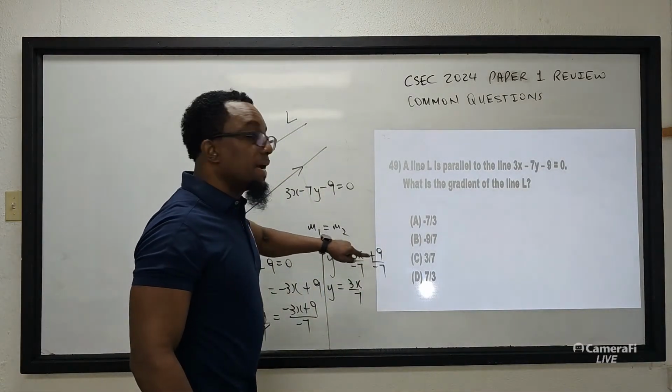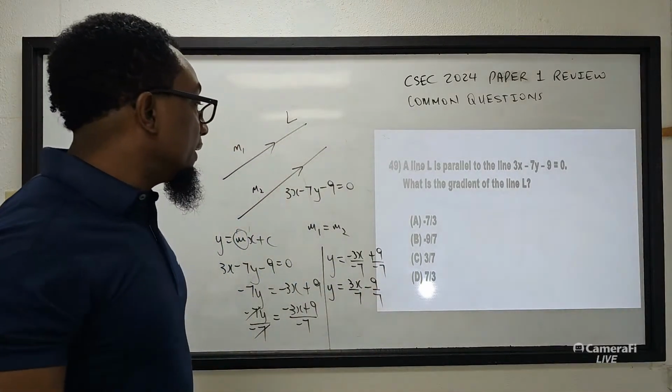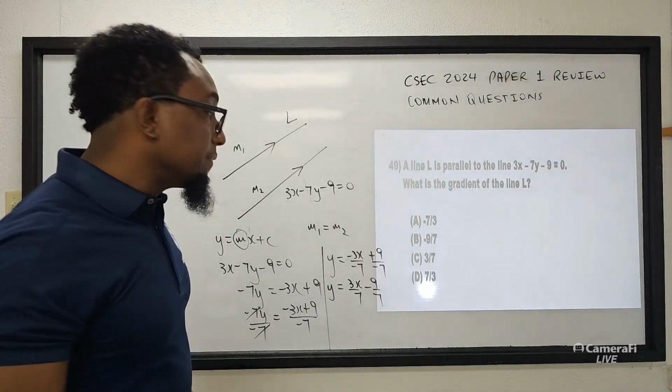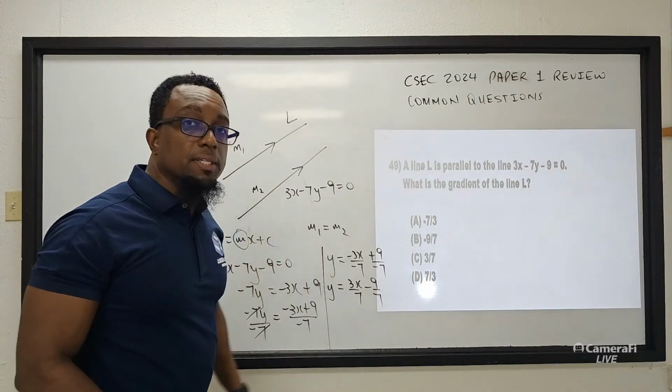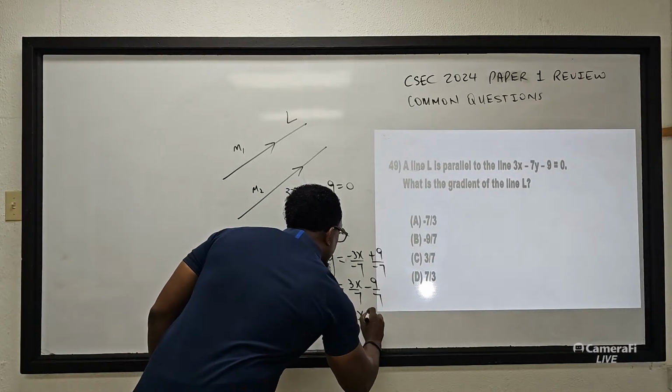A plus divided by a minus is a minus, 9 over 7. And now I can clearly identify the gradient of this line. The gradient is the number located in front of x, which I can write as 3 over 7x.